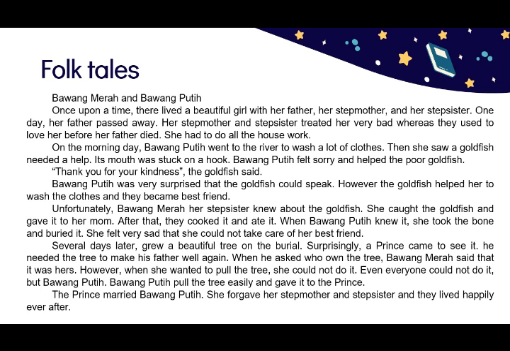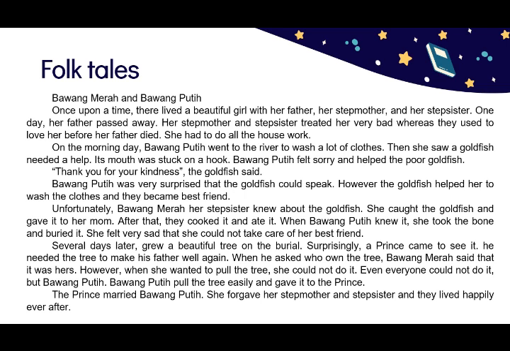Unfortunately, Bawang Merah, her stepsister, knew about the goldfish. She caught the goldfish and gave it to her mom. After that, they cooked it and ate it. When Bawang Putih knew it, she took the bone and buried it. She felt very sad that she could not take care of her best friend. Several days later grew a beautiful tree on the burial. Surprisingly, a prince came to see it.